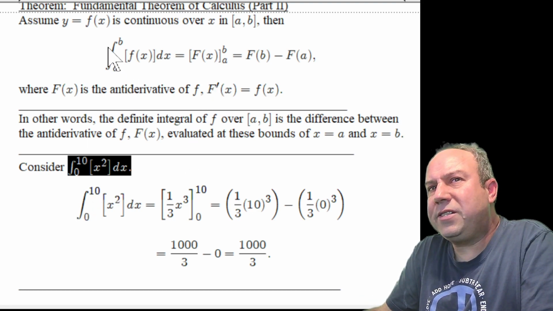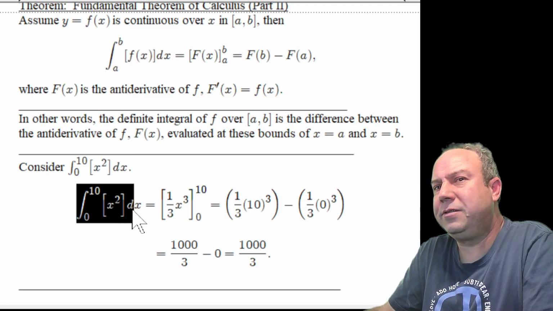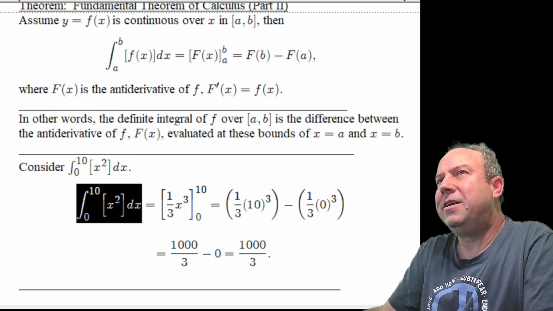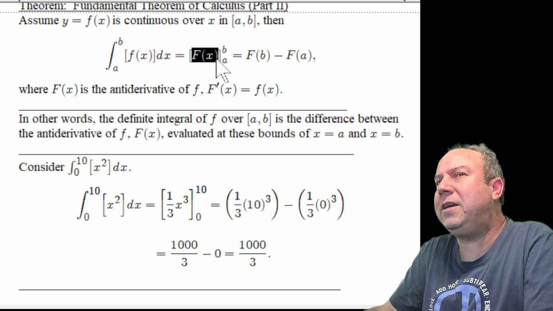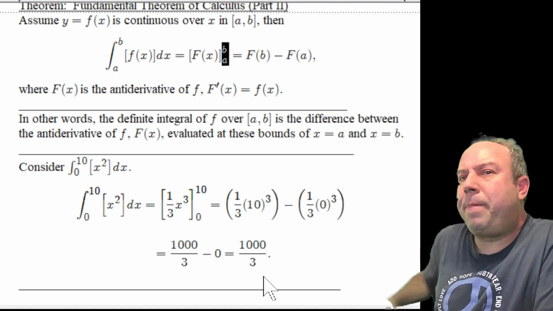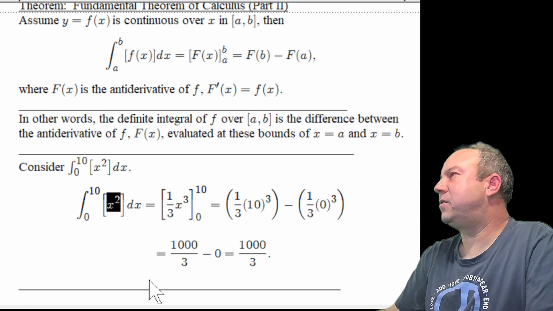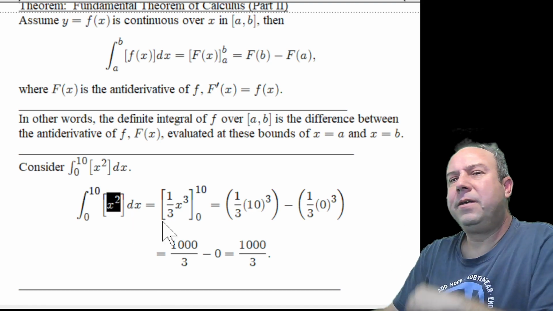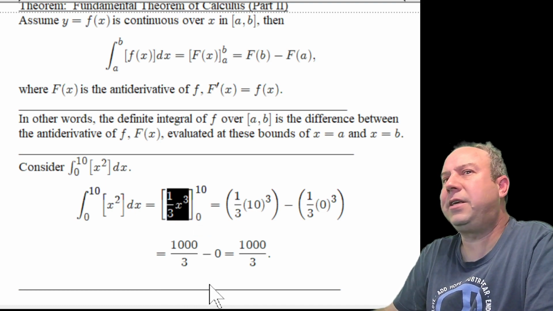Well, what we've just said above for this definite integral calculation is that I can just consider evaluating its antiderivative across the boundaries from a to b. Well, what's the antiderivative of x squared? From the power rule, we know that's 1/3 x cubed.